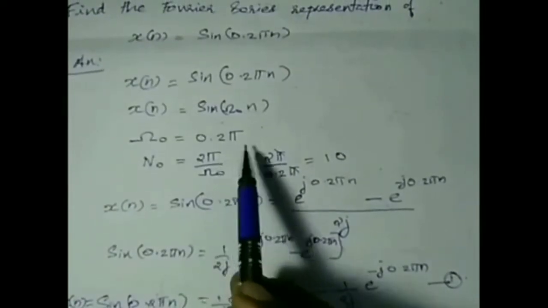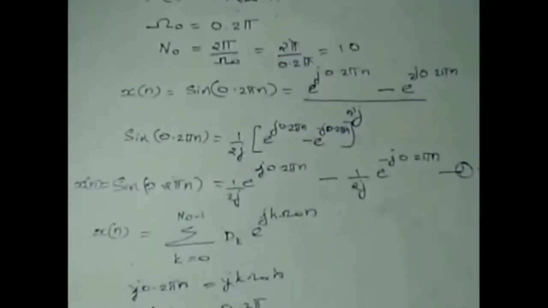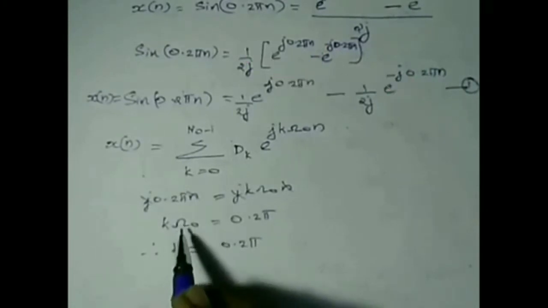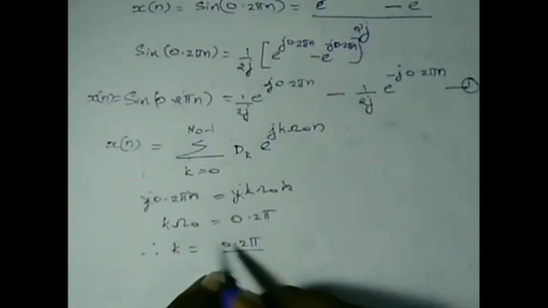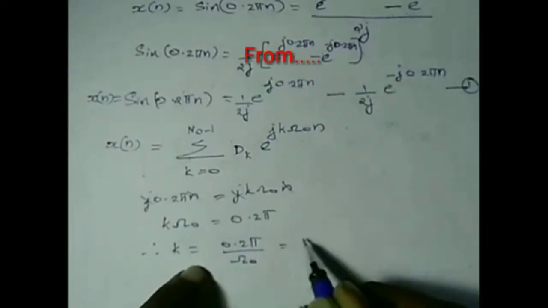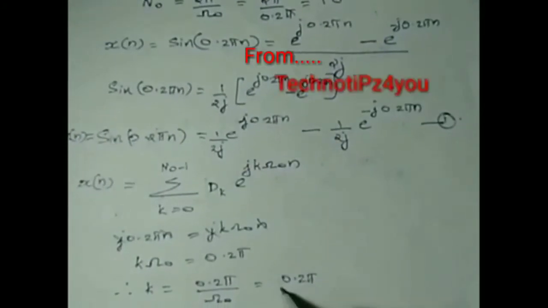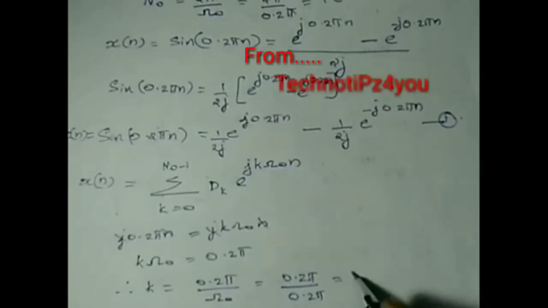But we know that omega 0 is equal to 0.2 pi. Therefore k is equal to 0.2 pi divided by omega 0. Substituting omega 0 as 0.2 pi, divided by 0.2 pi, that is equal to 1.